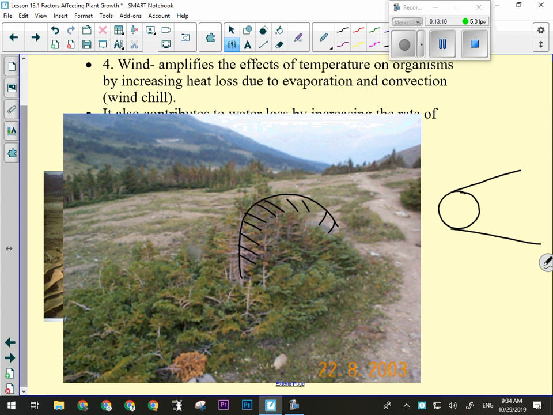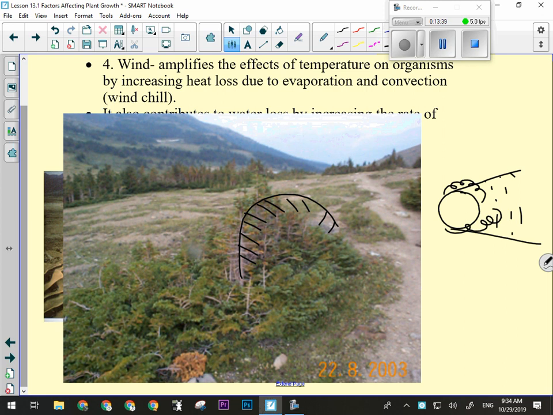So if it grows branches on this side only, in this kind of sector here, then those branches won't break off, they won't be exposed to wind chill, and it actually acts like a snow fence. As the wind hits the tree, it slows down and it swirls. It swirls into here, and any snow that's in it will get deposited in there. Like you guys saw what happened here the other day. The snow all drifts into certain places.